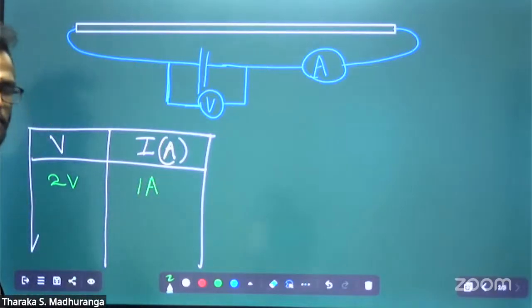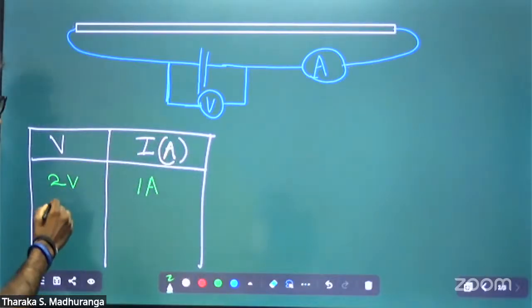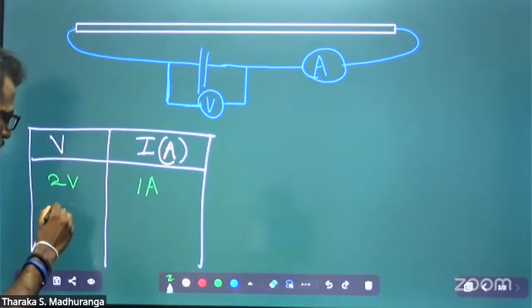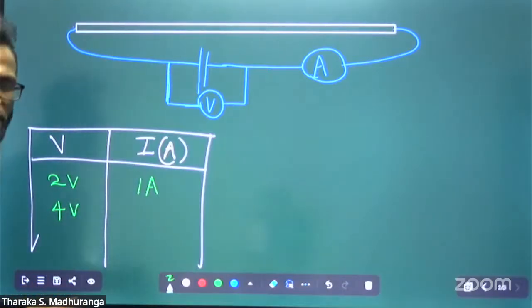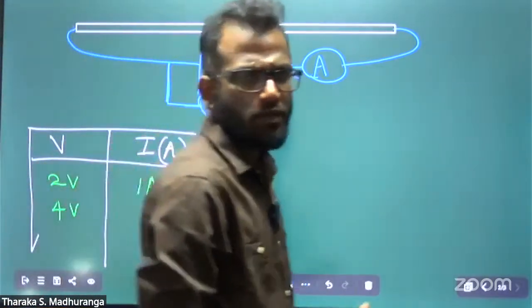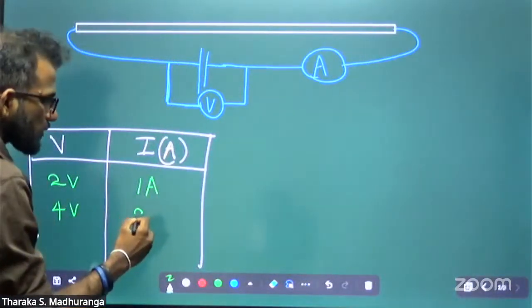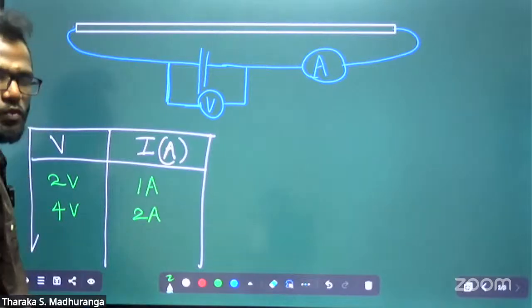If I increase the voltage to 4 volt, the current increases to 2 ampere.